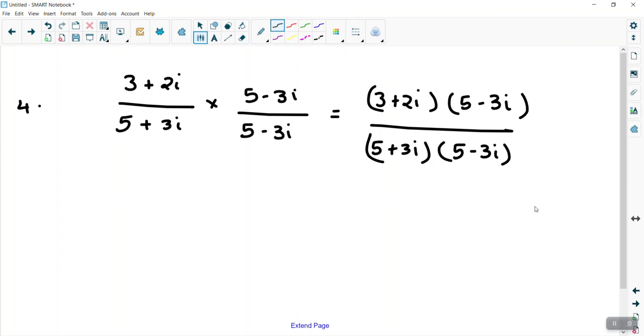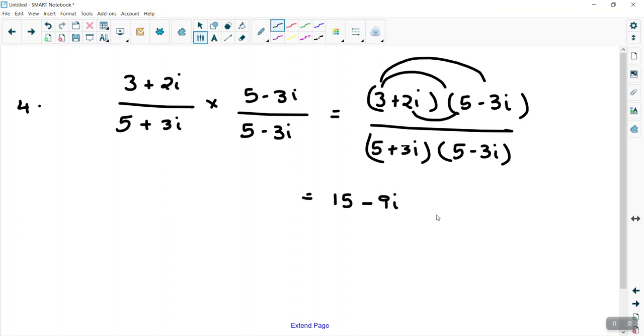Again, we use the identity a plus b, a minus b is a squared minus b squared. So we come up, and here we expand the bracket, so 3 times 5 is 15 minus 3 times 3 is 9, so 9i.